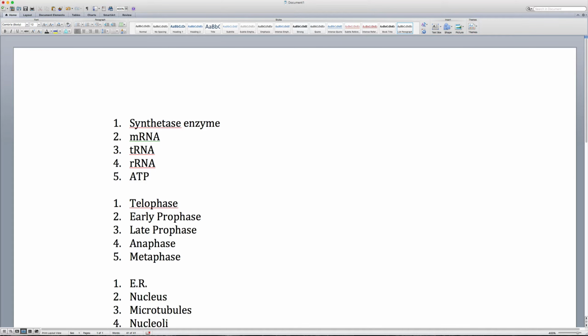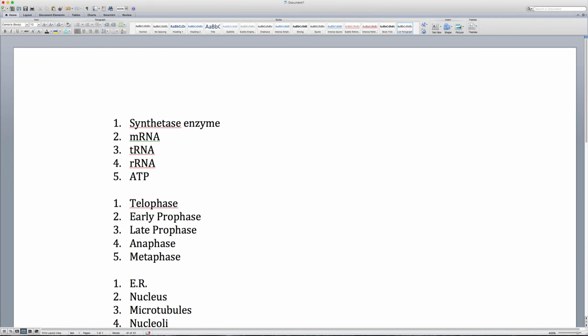Which molecule specifies the exact sequence of amino acids of the protein to be made? Next question: which one of these attaches the correct amino acid to its tRNA?